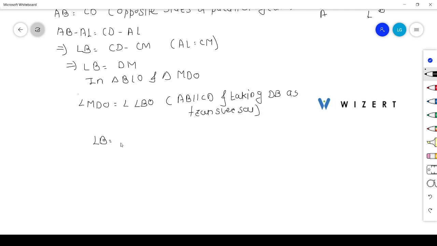LB equals DM. And angle OMD equals angle OLB. This is also because AB is parallel to CD and taking ML as a transversal.